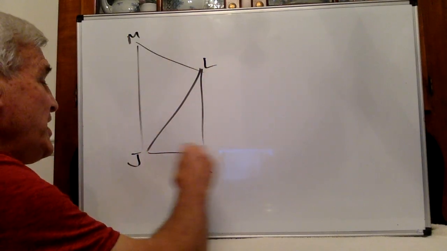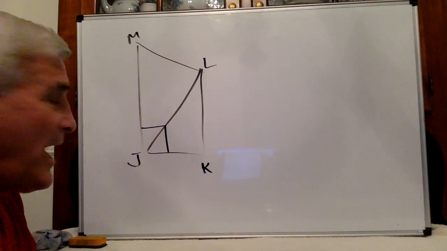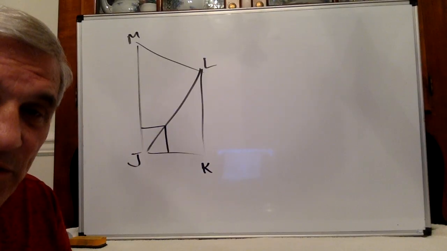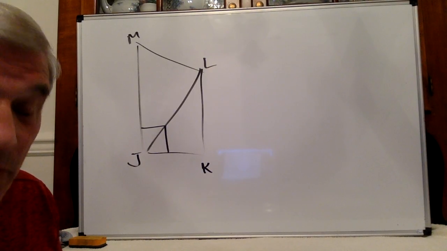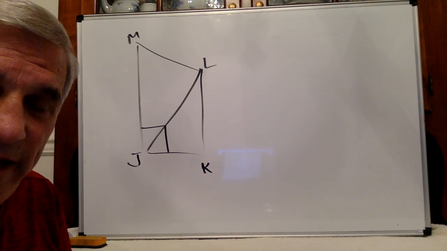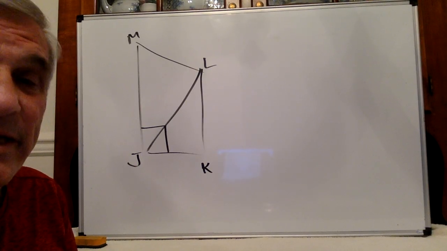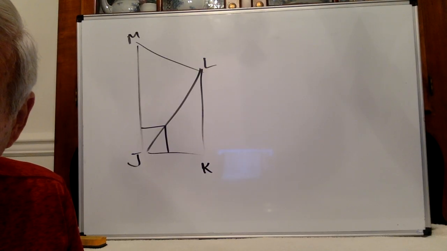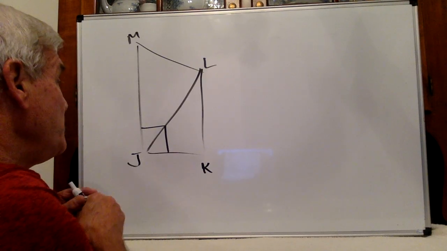So since MJ is perpendicular to that, I know that angle MJK is a right angle. And that's the only angle in this figure that you can definitely say is a right angle, because perpendiculars intersect at right angles. They form a right angle. So that's number 2A.